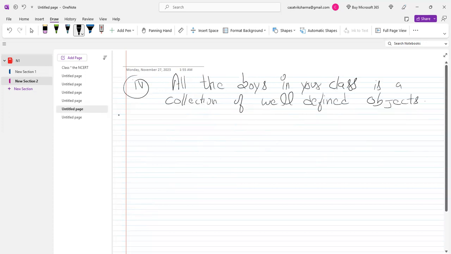All right, the fifth part. Collection of all natural numbers less than 100 is also well defined. Natural numbers 1, 2, 3, up to 99. Same reason goes, I'm not going to write this again. Part 6. Collection of novels written by the writer Munshi Premchand.